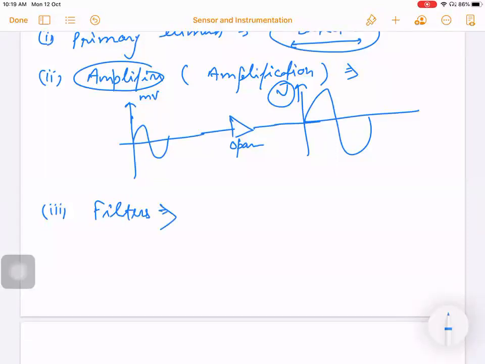So a filter is used for removing the noise. Noise means unwanted signal.